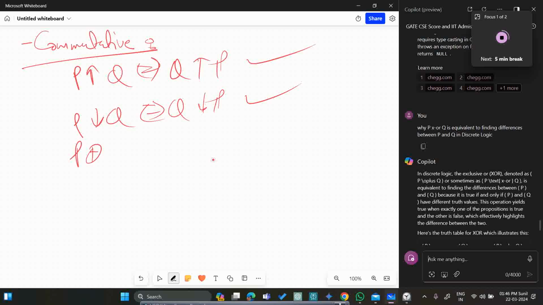P XOR Q is equivalent to Q XOR P. It also follows the commutative law.